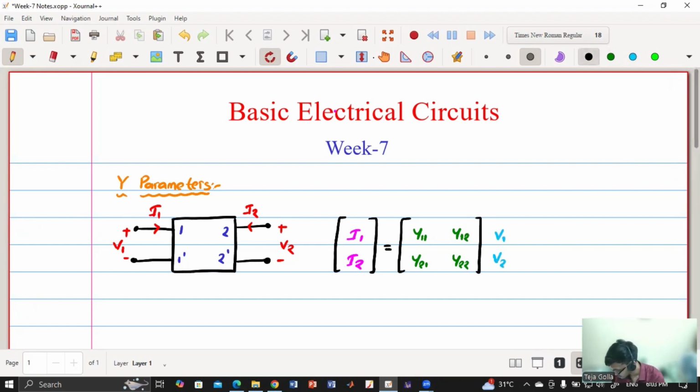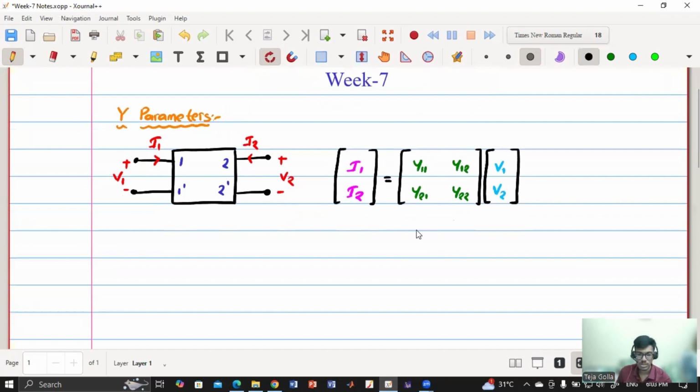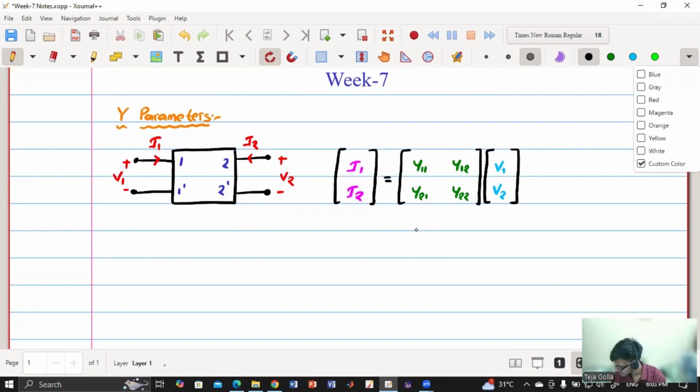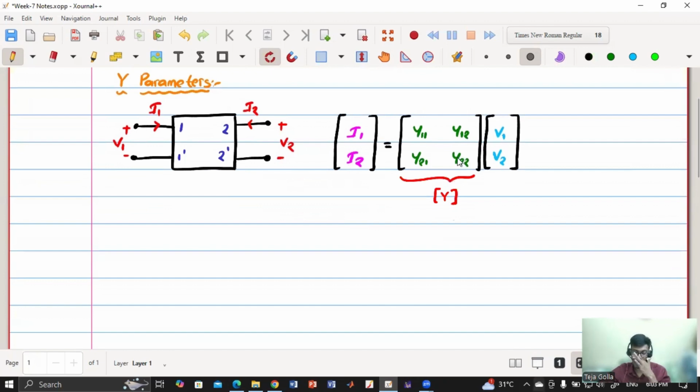As this is a linear circuit, we can write the voltages and currents in a linear combination form. So I1 can be written in terms of V1 and V2, and I2 can also be written in terms of V1 and V2. If we consider it in a matrix form, we'll get a matrix with Y11, Y12, Y21, and Y22. This matrix is called the Y parameter matrix, which is also denoted by Y. So in the case of Y parameters, outputs are currents and the inputs are voltages.